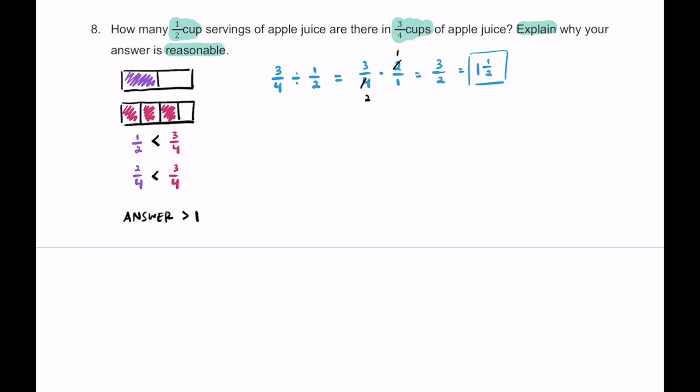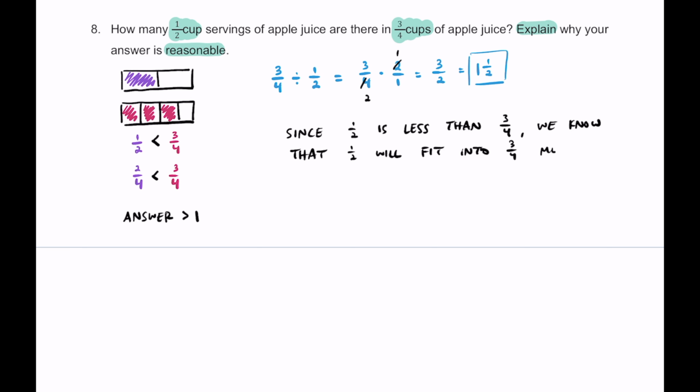So for our explanation here, I'm just going to basically say since 1/2 is less than 3/4, we know that 1/2 will fit into 3/4 more than 1 whole time.